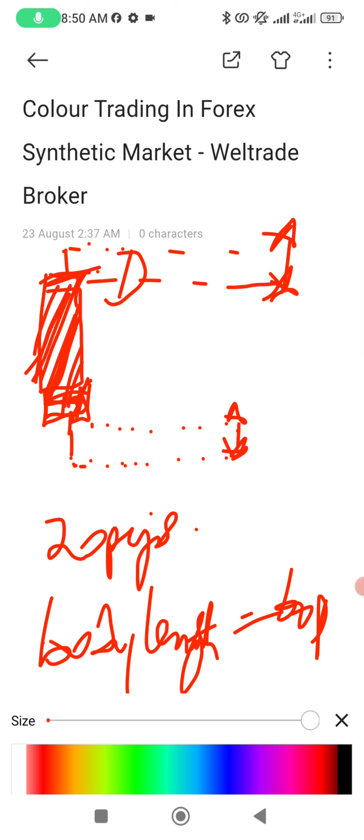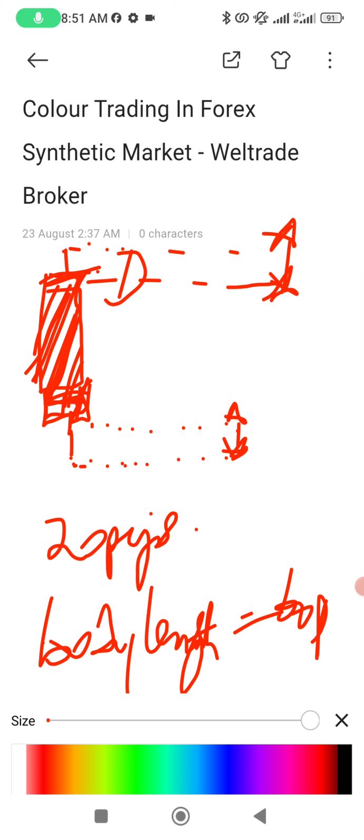But when the monthly, weekly, and daily are all showing you the same color and the same body to width ratio, we are going to use body to width ratio, so the length of the body relative to the total length. If it is giving you the same criteria we discussed here, it shows that that particular participant represented by that color is very strong, and you should look for opportunity in their direction.